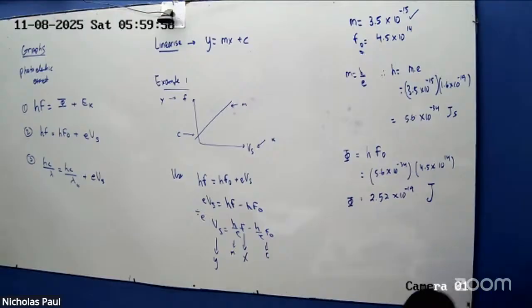All right. So let's move on. So the next thing we're looking at, take a look at the handout. Next thing we're moving on to is something called the wave particle duality of light.